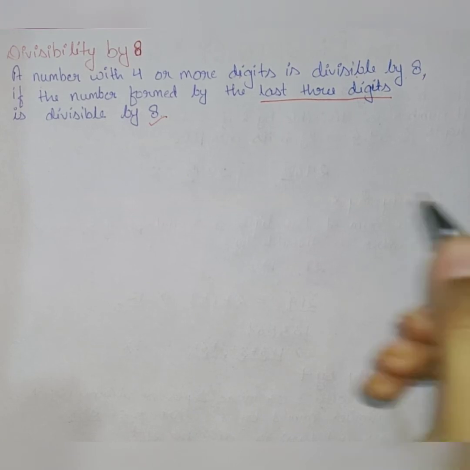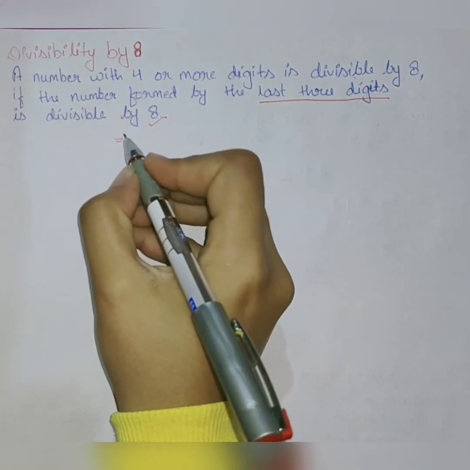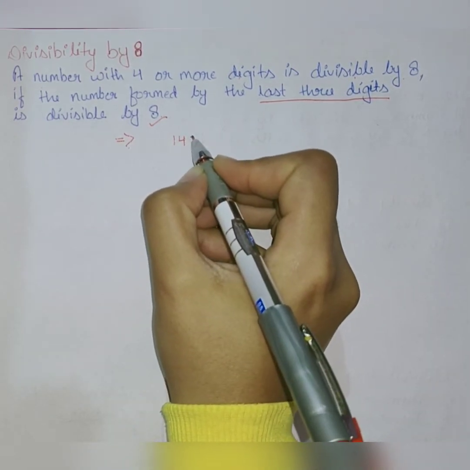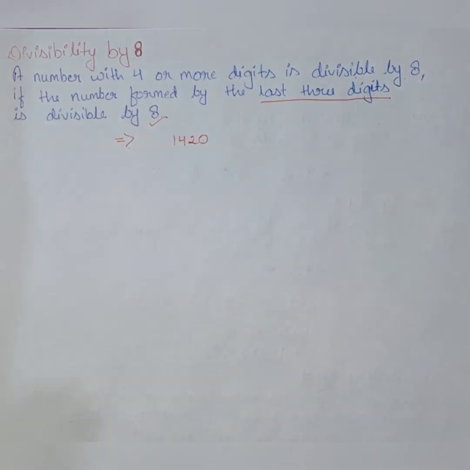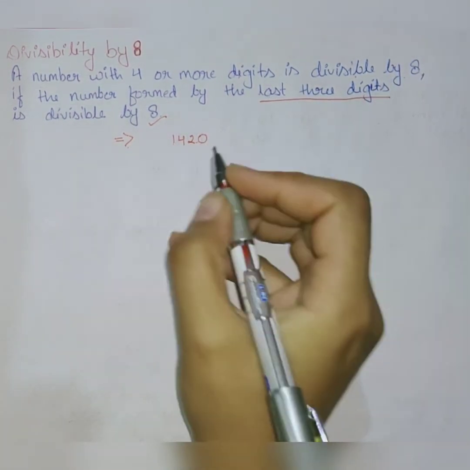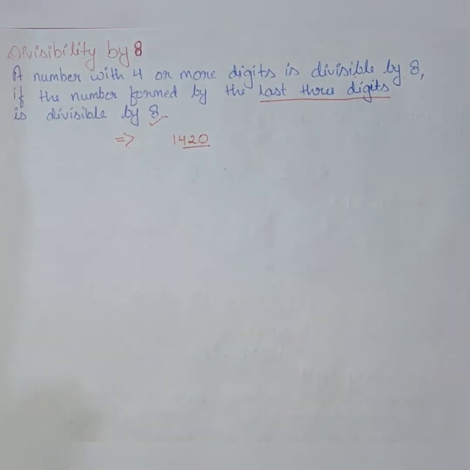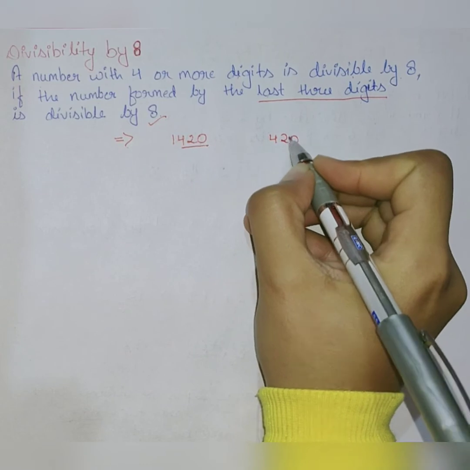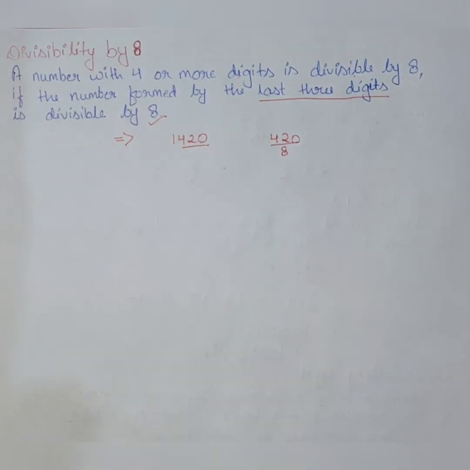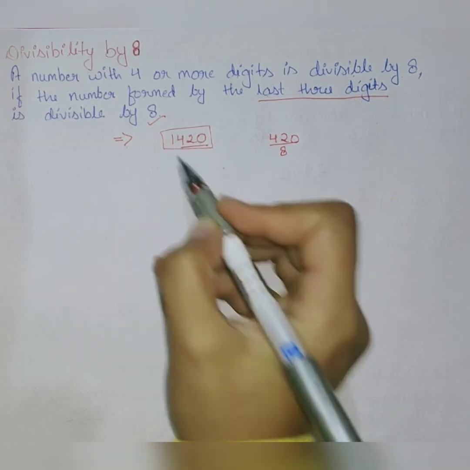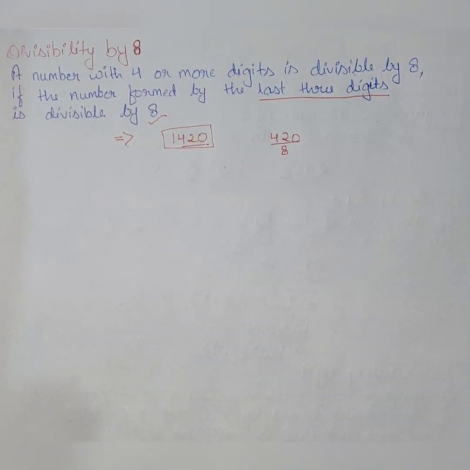Now let's check. Suppose you have the number 1420. According to our definition, the last 3 digits here are 420. If 420 is divisible by 8 completely, then 1420 will also be divisible by 8.